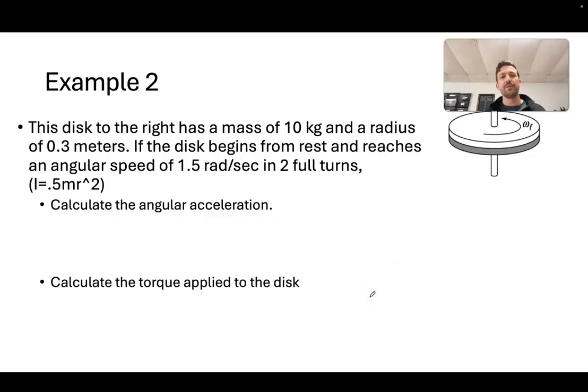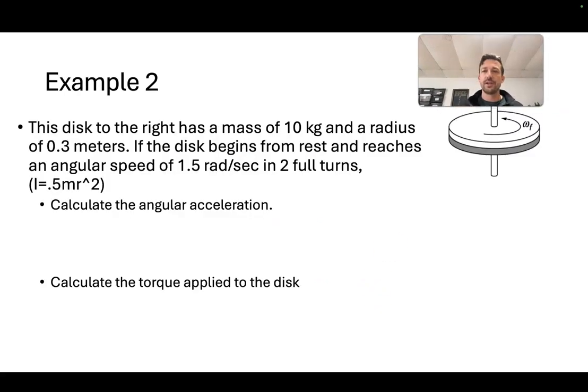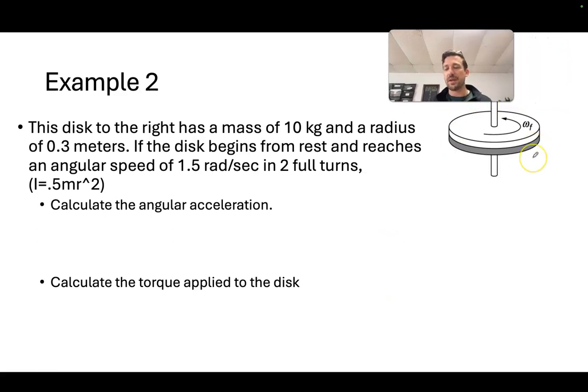Last one I got on here. Okay, so you got some disk that's spinning, and it's going to spin to some angular speed of omega f. The disk to the right has a mass of 10 kilograms. I'll write everything down, and it has a radius of 0.3 meters.